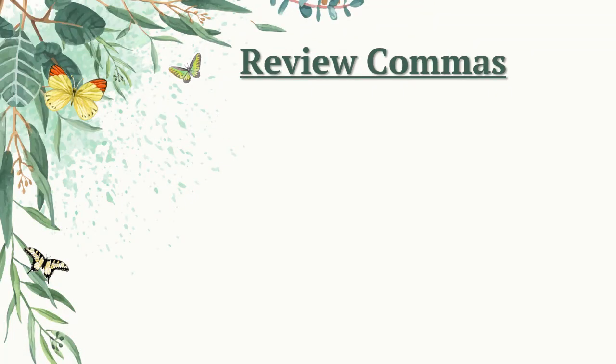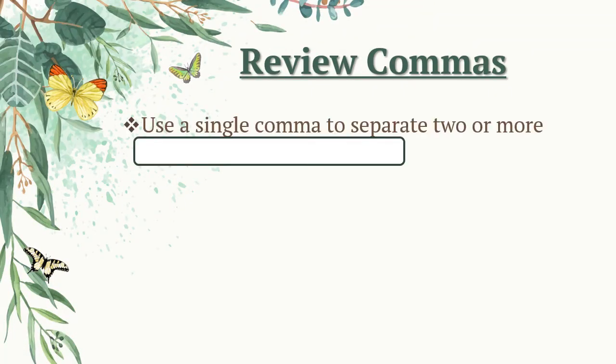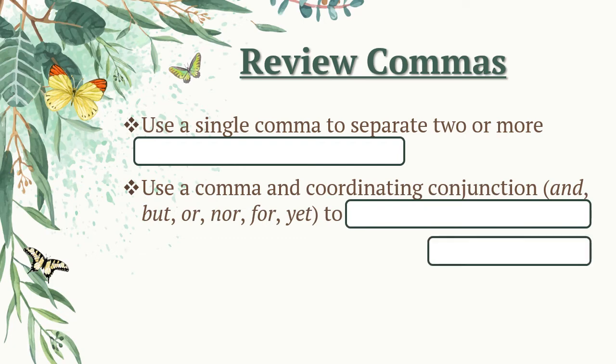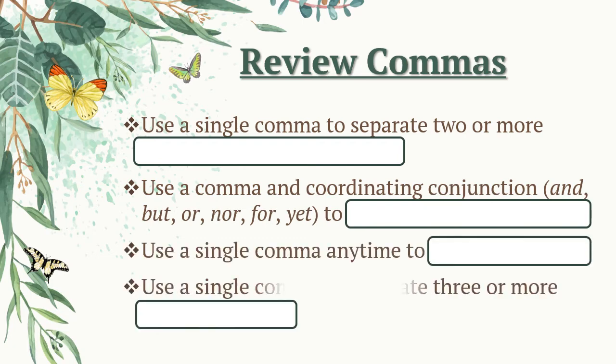Okay, let's move on. Time to review commas. Woo-hoo. We learned a couple of rules, so I'm going to list them out here right now, and you need to write down the missing parts. So the first part is use a single comma to separate 2 or more blank. So when you have 2 or more blank, what do you use a single comma to separate them for?